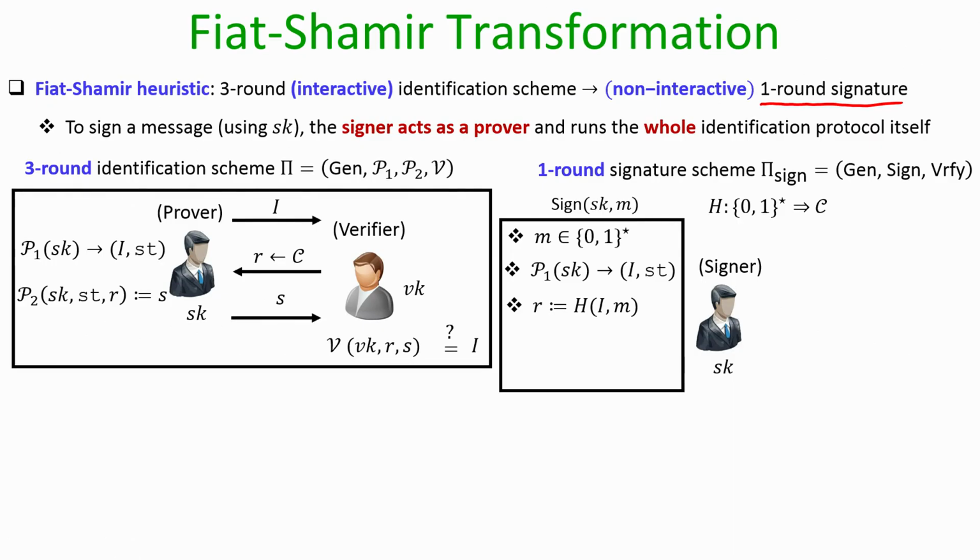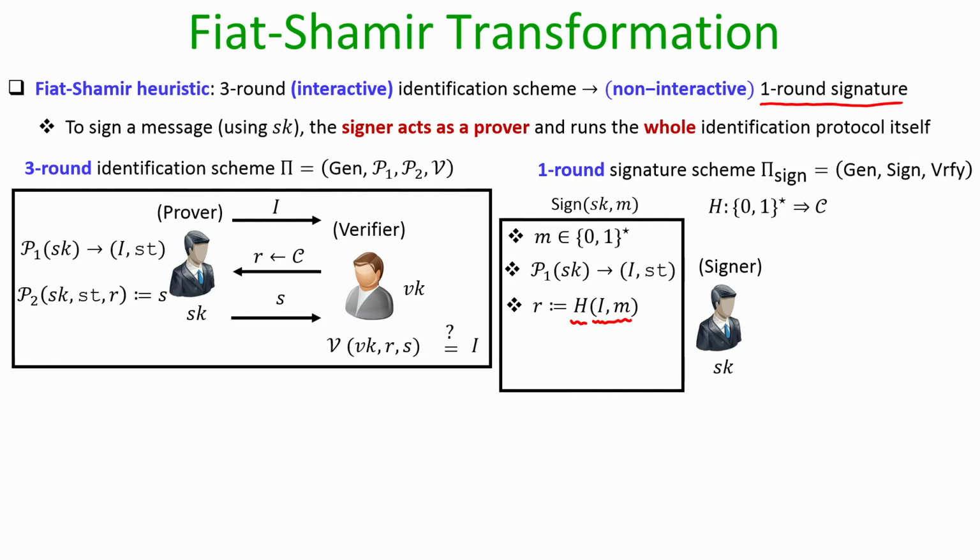Ideally it should pick the challenge randomness R uniformly at random from the challenge space, but now we are going to design a signature scheme, so the message also should come into the picture while picking the challenge R. To pick the challenge R, the signer runs the hash function H on the commitment I and the message which it is going to sign.